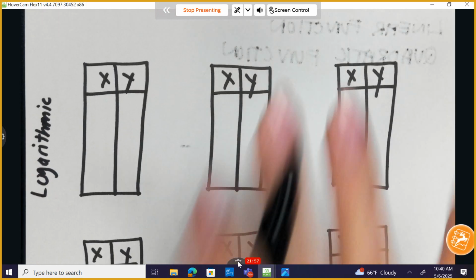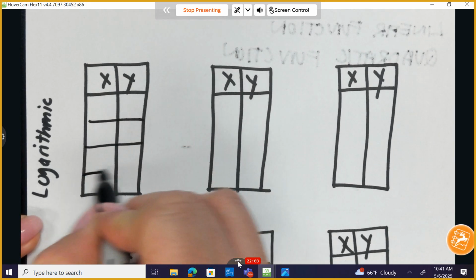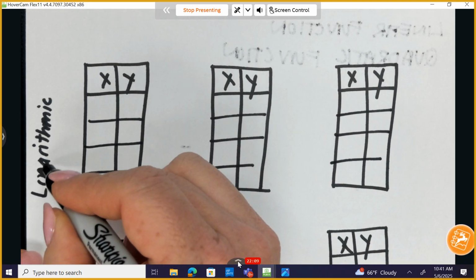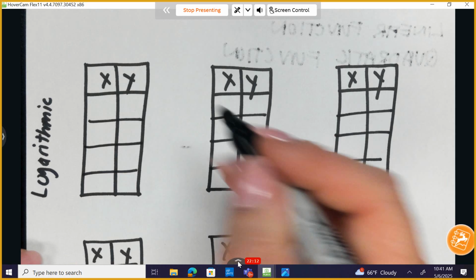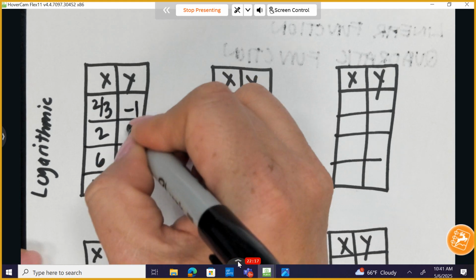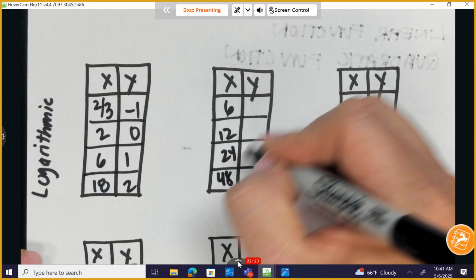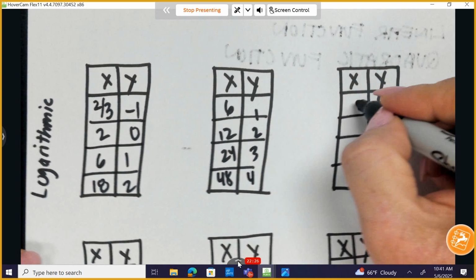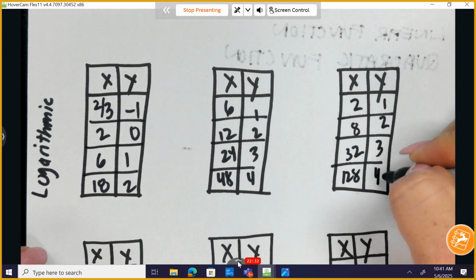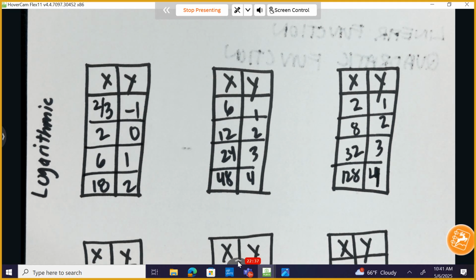This is a logarithmic function. I'm going to press pause and give you a chance to write these down.